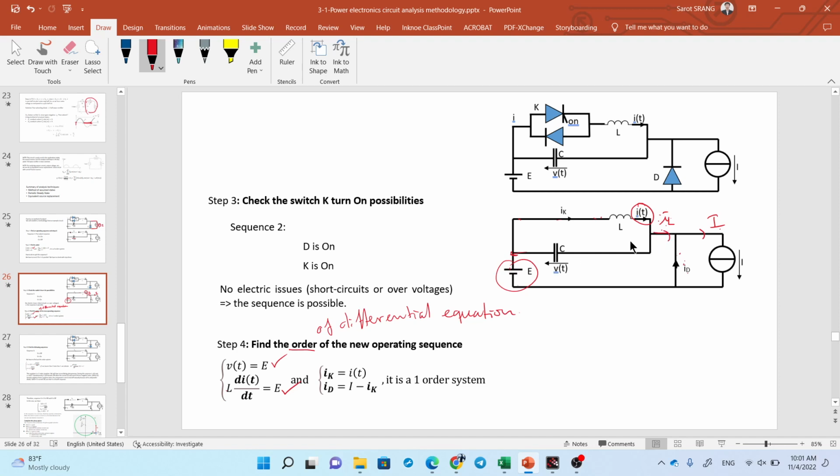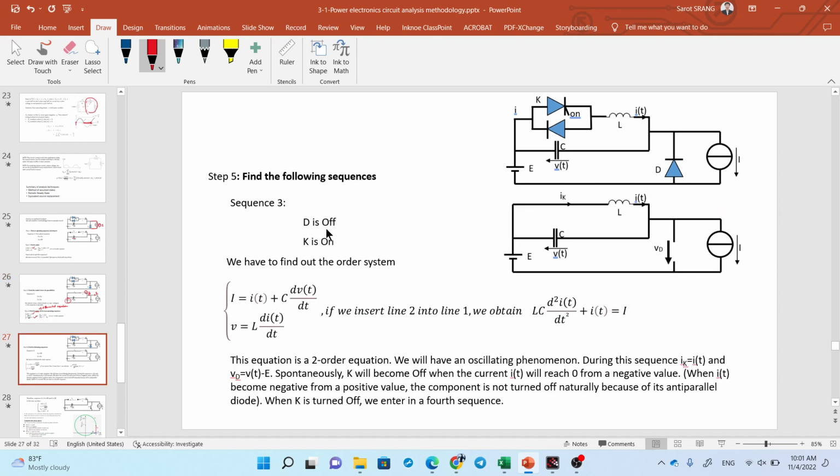Maybe the capacitor also, current can also come from there or whatever. But the most important thing is that once the current from this branch equals I here, ID turns off. So this operating sequence will end when IL equals I.